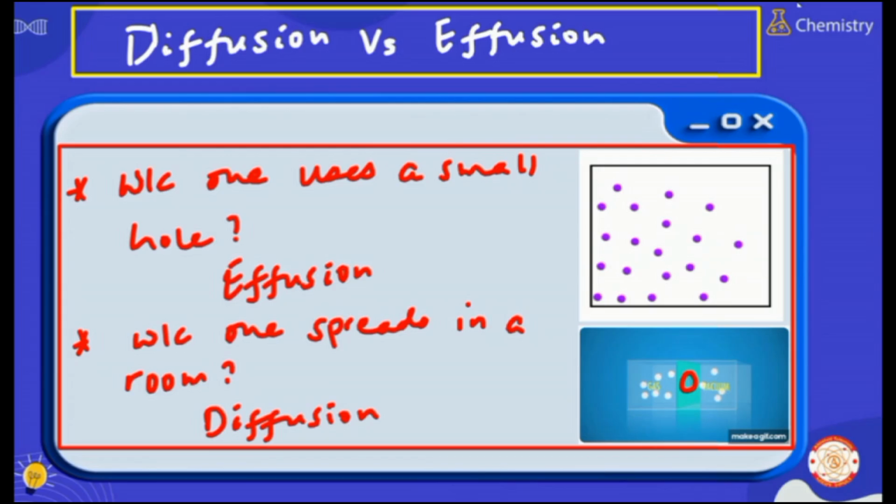Therefore, diffusion is the spreading of gas in a space, whereas effusion is the escape of a gas through a small hole.